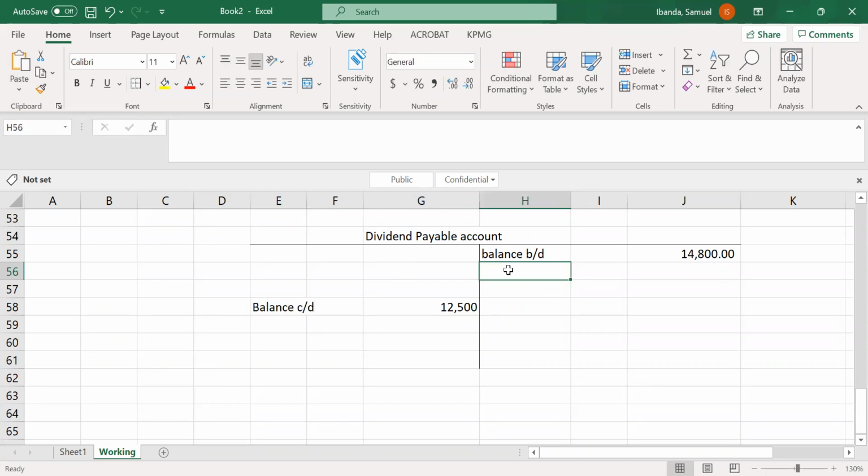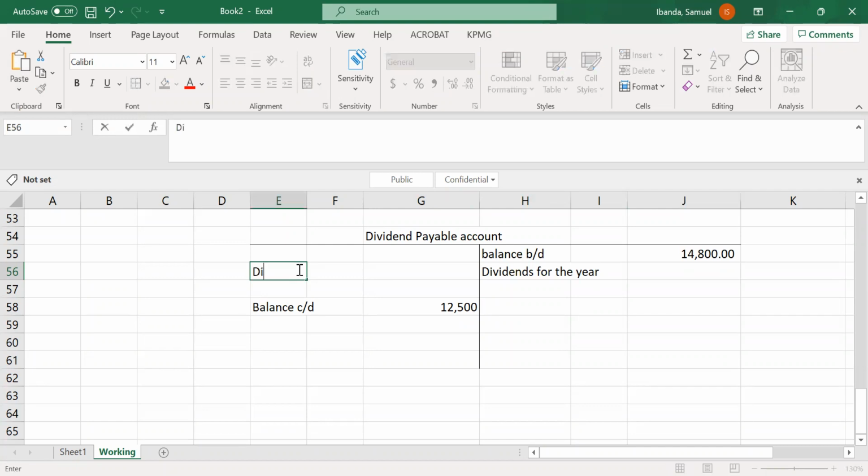So what increases the obligation for the year is dividends for the year, recorded here. And what reduces the value is dividends that were paid in the year. Let's say dividends paid.